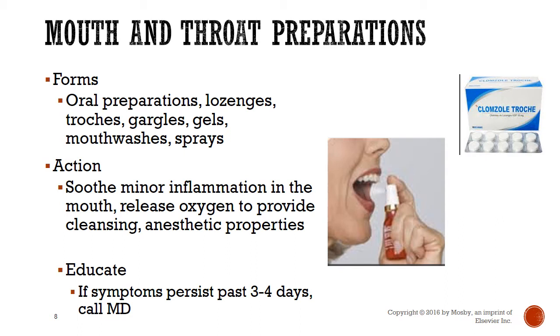The general action of these drugs is usually to soothe minor inflammation in the mouth and release oxygen to provide cleansing anesthetic properties to whatever area that you need to have relief in.